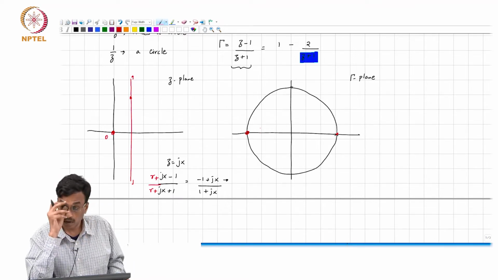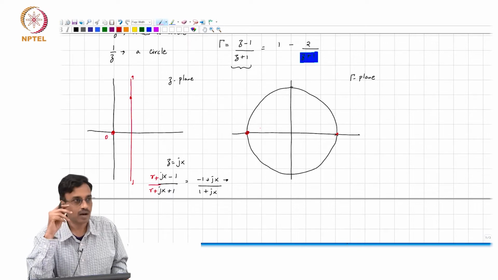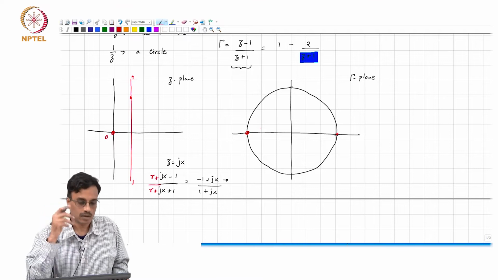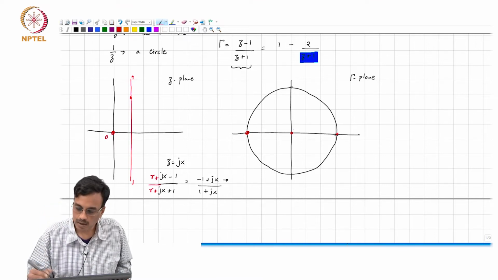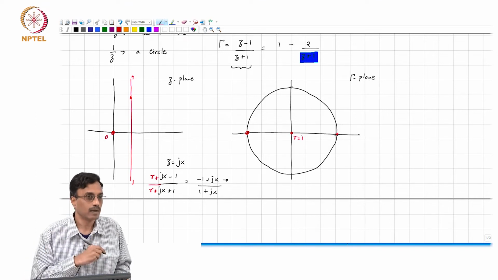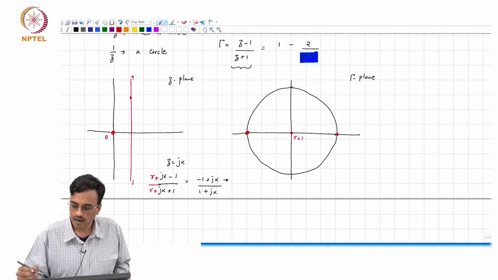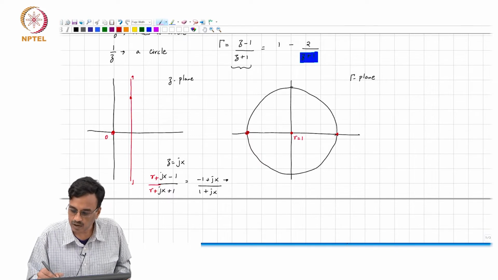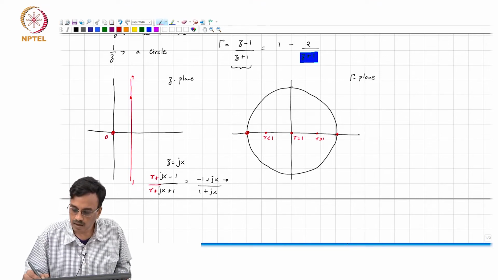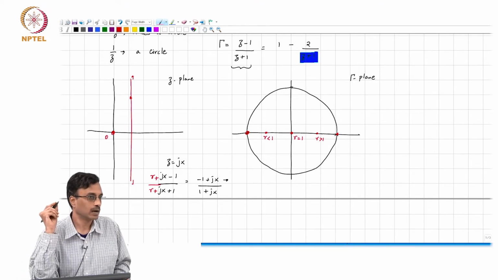If R is exactly equal to 1, where will you be? You will be at the origin, right? So, this corresponds to R equal to 1, okay, and this part is for R less than 1, and this part corresponds to R greater than 1, correct.